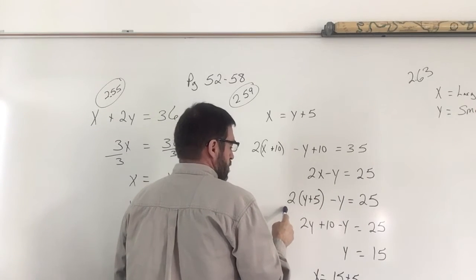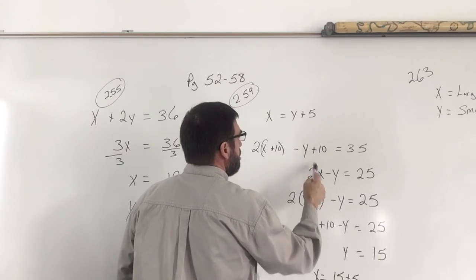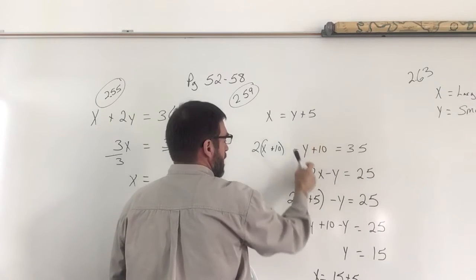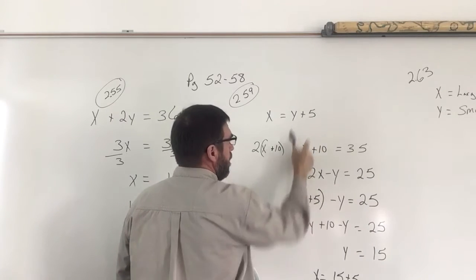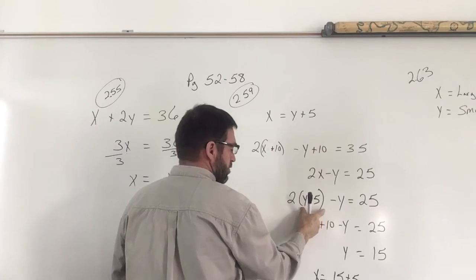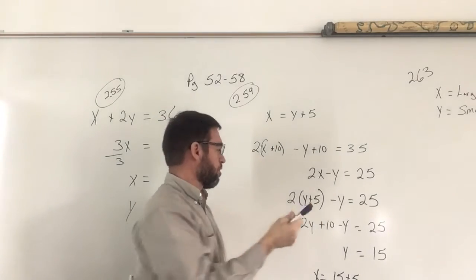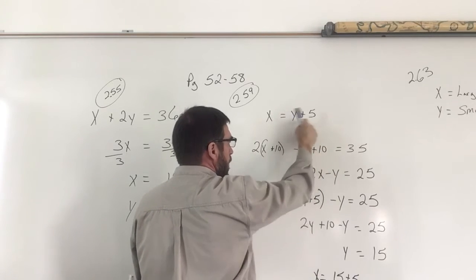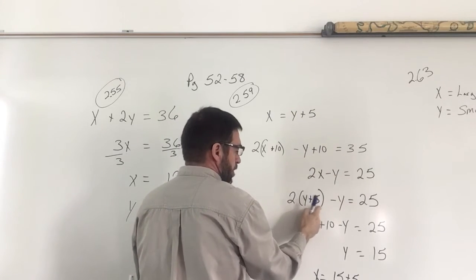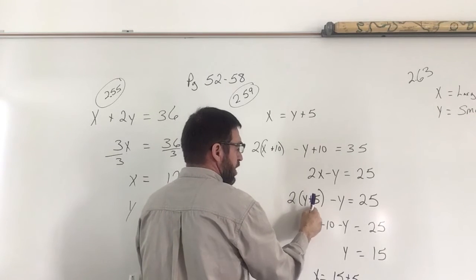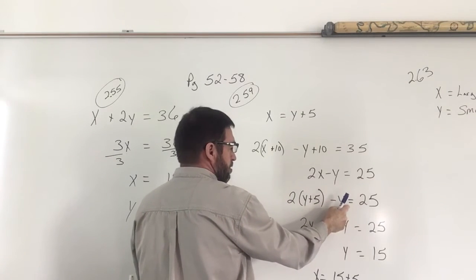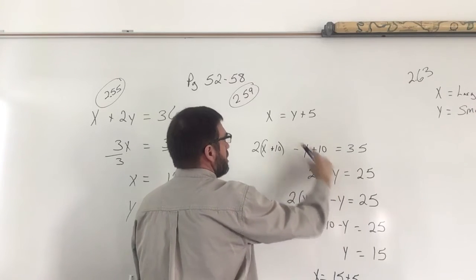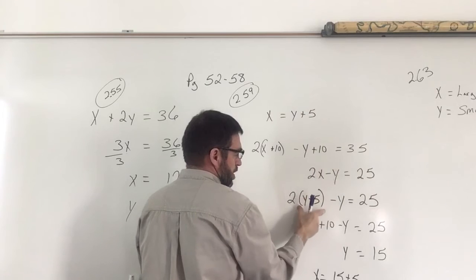Start down here. Remember that X equals Y plus 5. So I brought that down here and put it in the X spot. The Y plus 5, I substitute. So I'm using substitution here. I put the Y plus 5 into the X part, so I got 2 times Y plus 5, negative Y. I still just bring this one down, but you see I substituted this X, put that here, equals here.